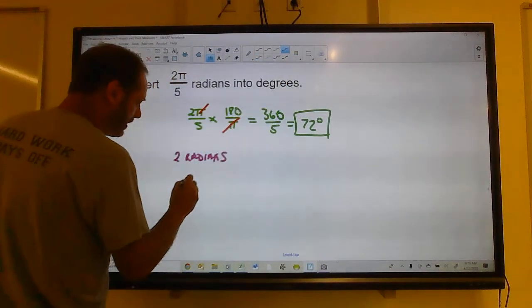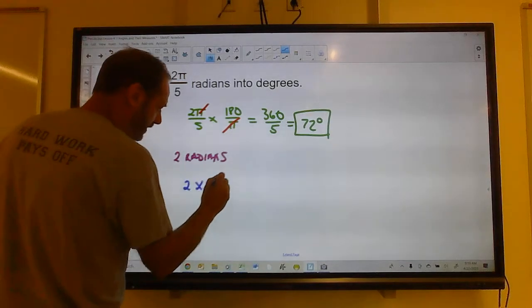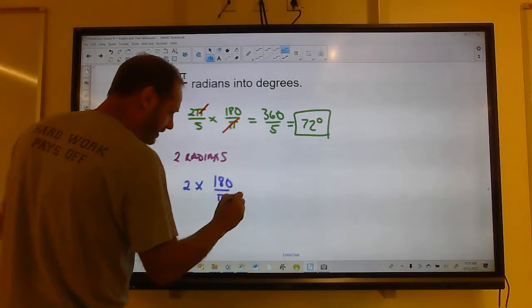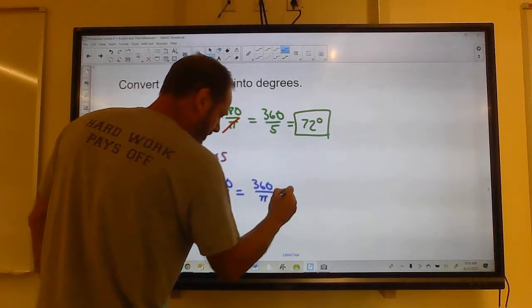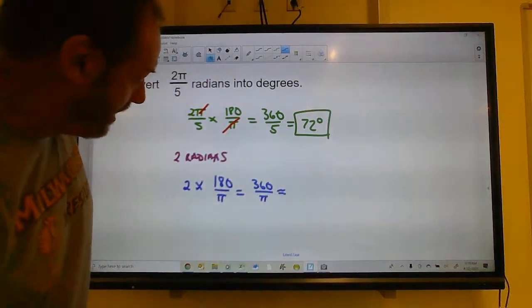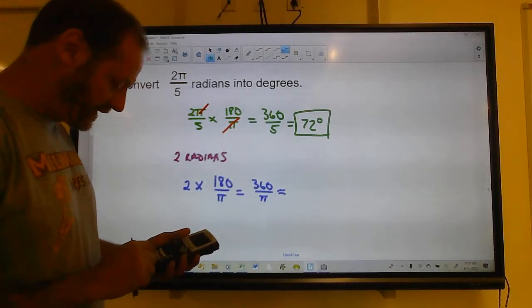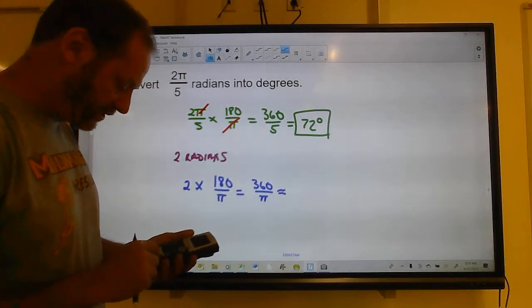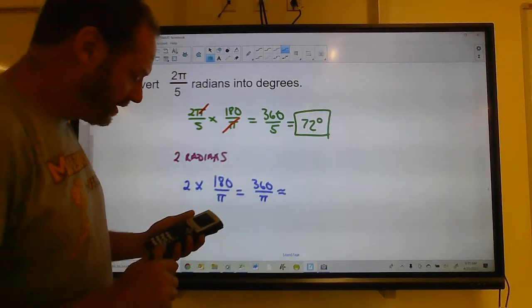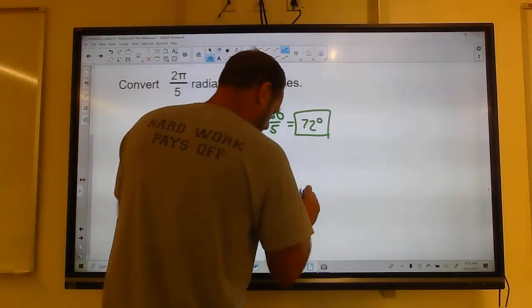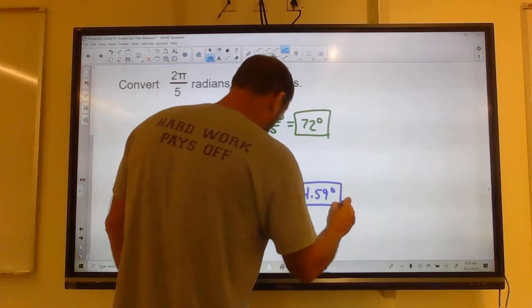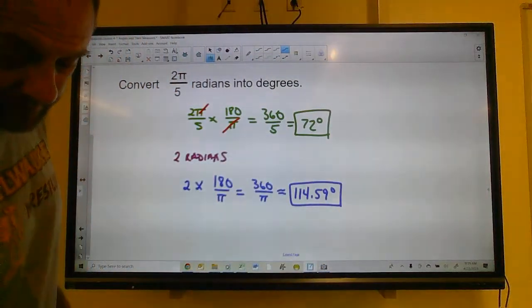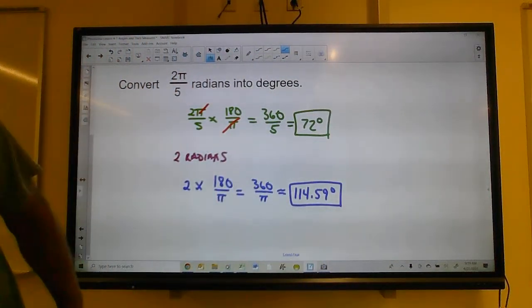So it would be 2 times 180 over pi, which would be 360 over pi, which I'd probably want to get my calculator out and figure that out. 360 divided by, make sure you use your pi key, by the way. That'd be about 114.59 degrees.